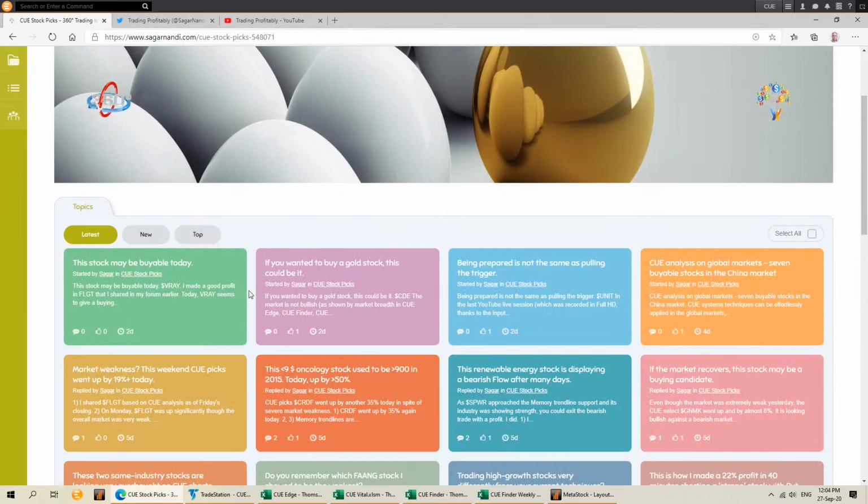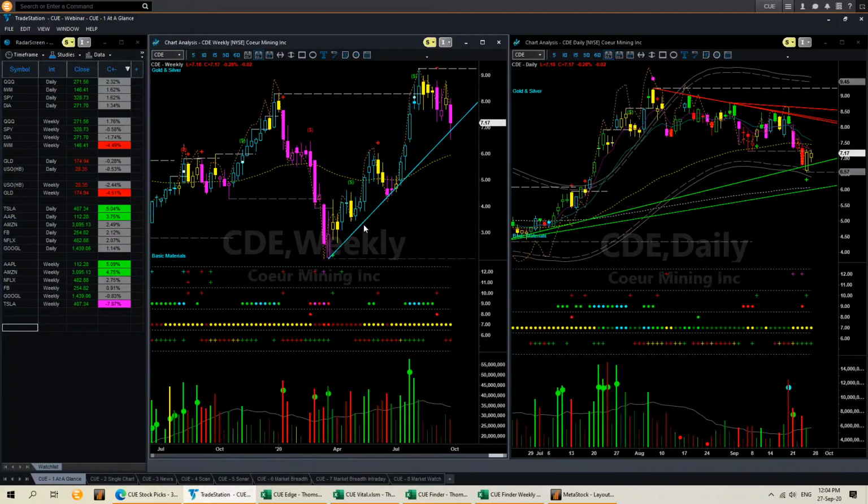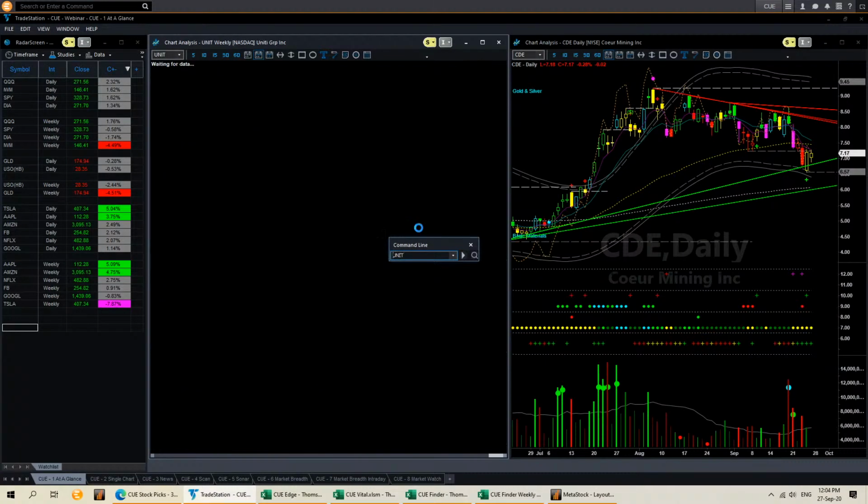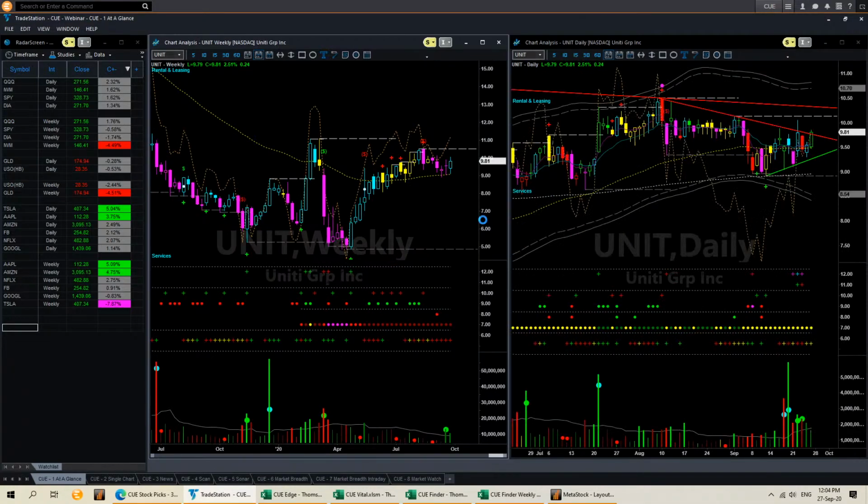Let's go through one last trade setup that I shared. UNIT, Unit Corp. You may go through the post. Let's just go to the chart. UNIT. Remember when I shared the post the first time, the weekly backdrop color was magenta. However, I looked at it as a stock that was holding support, and I found the stock on this day, and I mentioned that it needs to break out of the memory resistance.